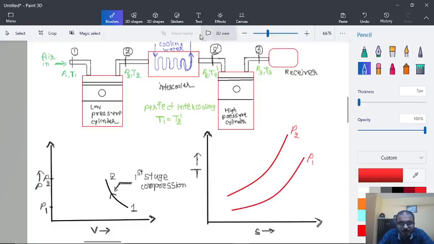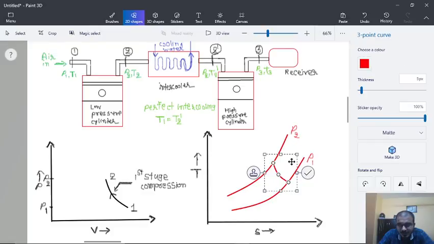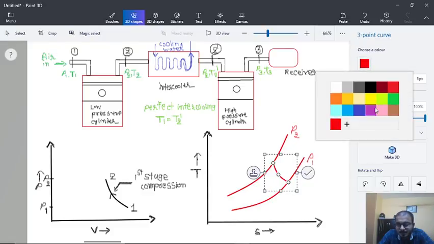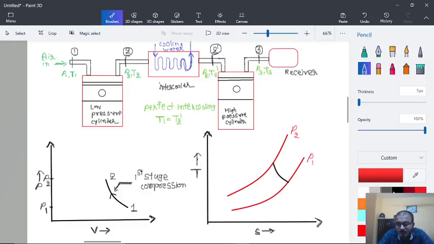Let us draw the process on the TS diagram, that is, compression process 1 to 2. It will work in this way, like this. As we can see, this is point number 1 and this is point number 2.